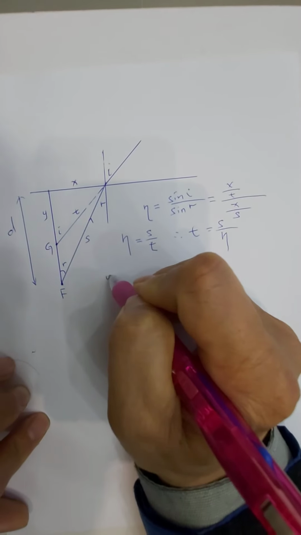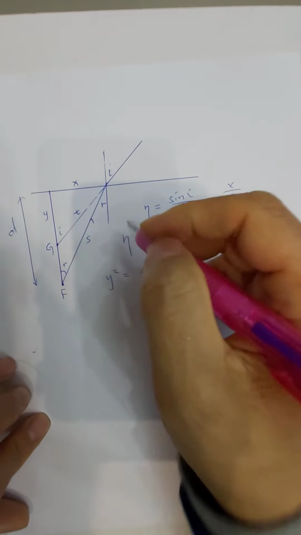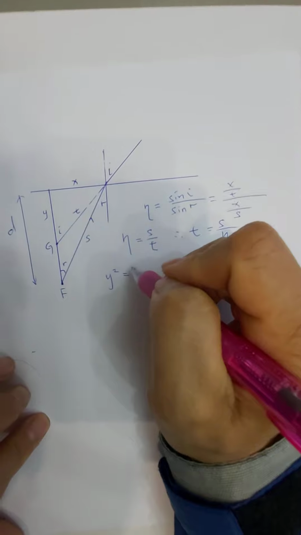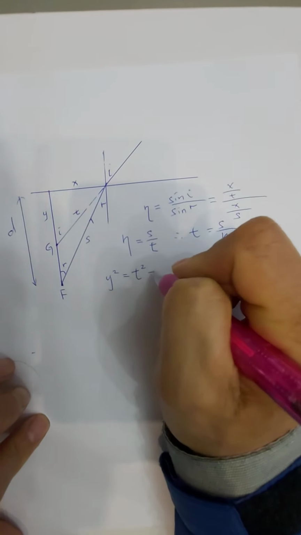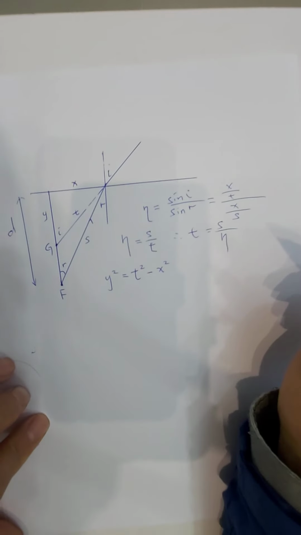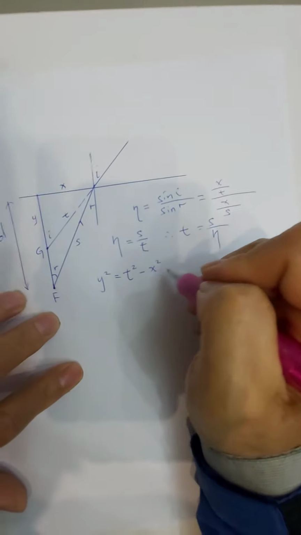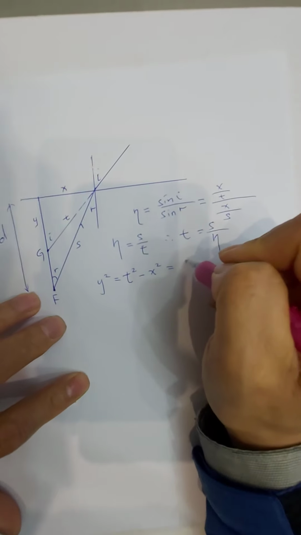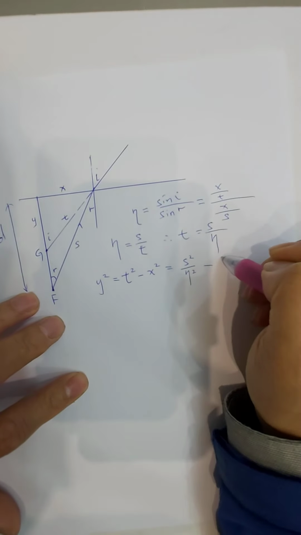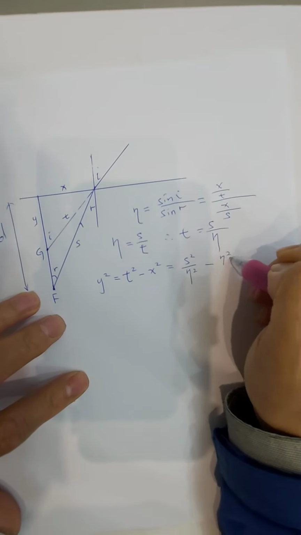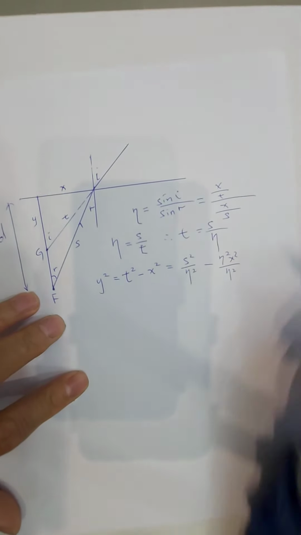So y square is equal to hypotenuse T squared minus x squared, isn't it? So that's S square over eta square. So x square can be written as eta square x square over eta square, right?